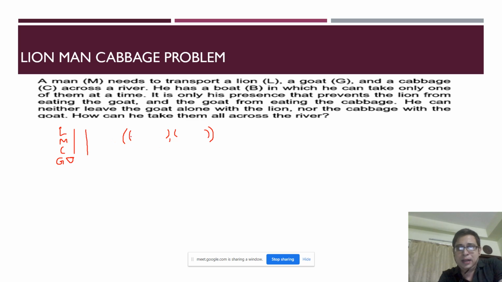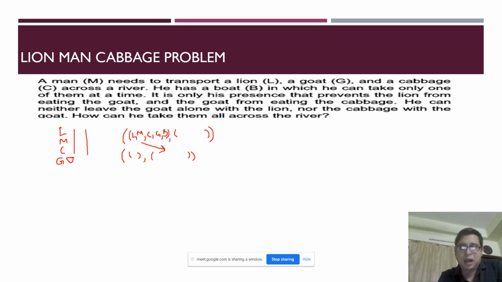So maybe I can represent the start state as L M C G B, these are the elements actually, and the other is an empty list. And of course the goal state will be, the left list will be empty, and the right list will have all these elements, right? So this can be one representation, right?